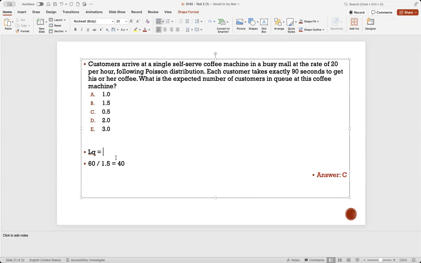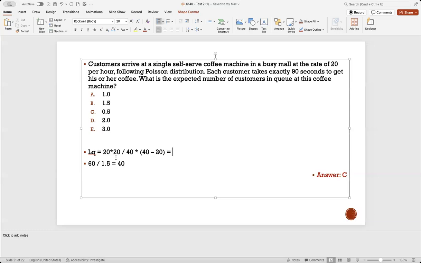So LQ equals lambda squared, which is 20 times 20, divided by the service rate times the service rate minus the arrival rate.